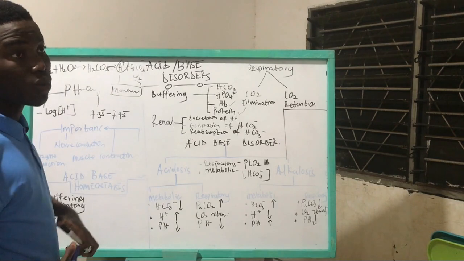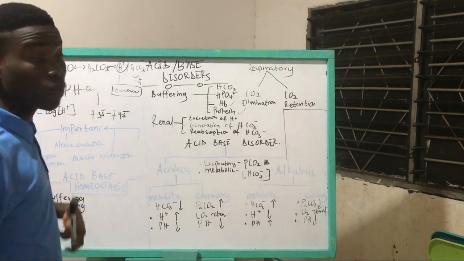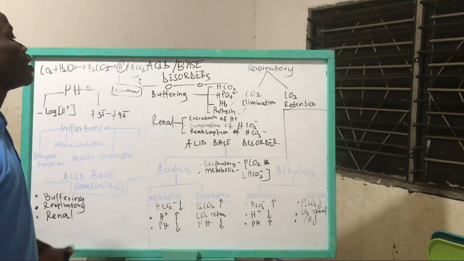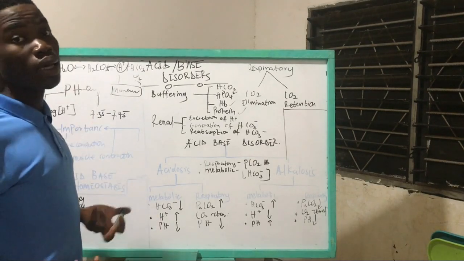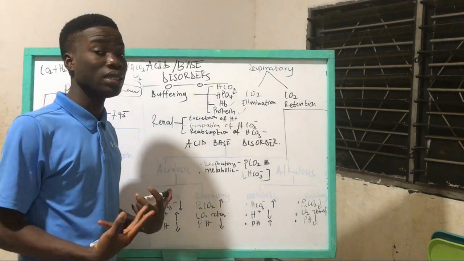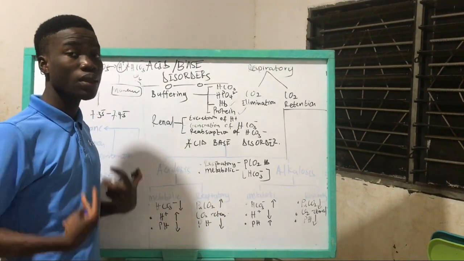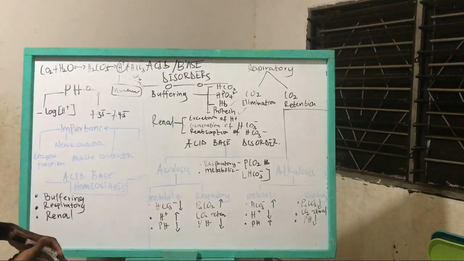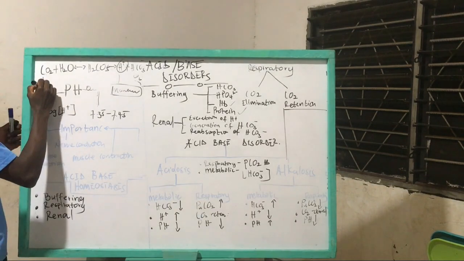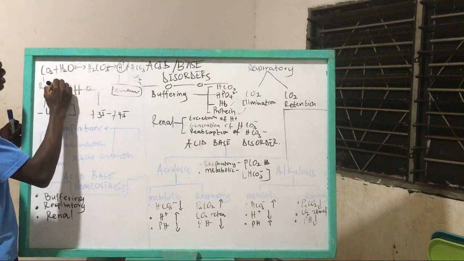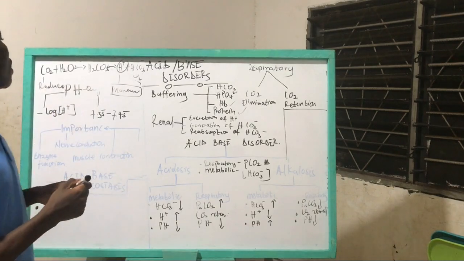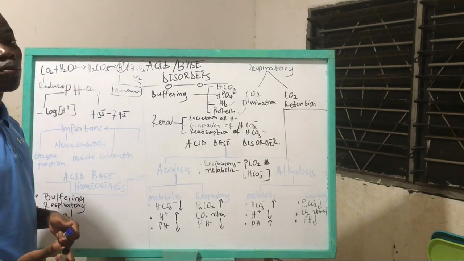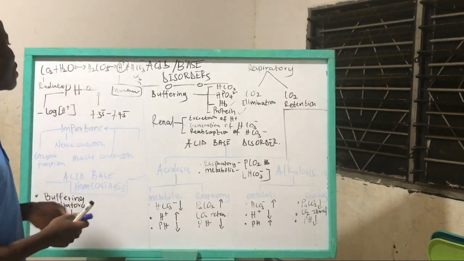So the body has a compensatory mechanism, and that compensatory mechanism is the increase of breath, something we call hyperventilation. So when the person keeps breathing rapidly, it means the person is what? Reducing the amount of carbon dioxide. CO2 is reduced in the compensatory mechanism. And when that happens, the equilibrium position shifts to the left hand side.